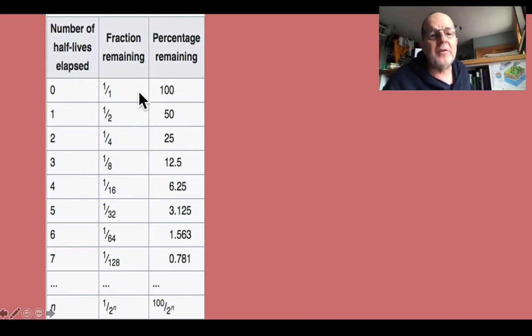So if you started with a radioactive isotope in a rock and you had 100% of that, right? One half-life would be when half of that radioactive isotope in the rock had decayed. That would be one half-life. That would be a certain amount of time. Then the half would decay into a quarter.